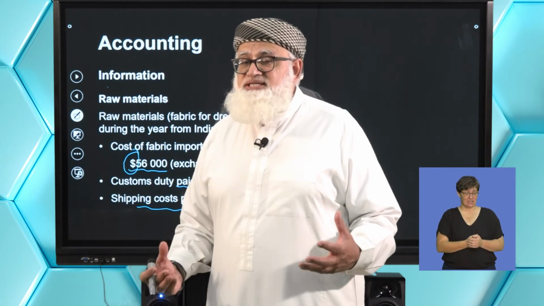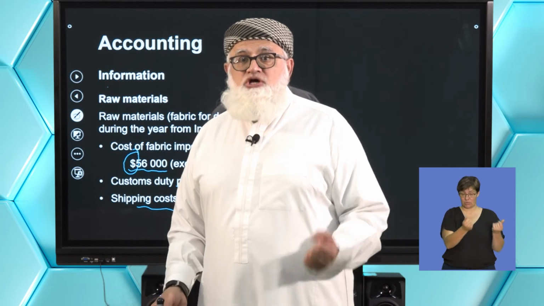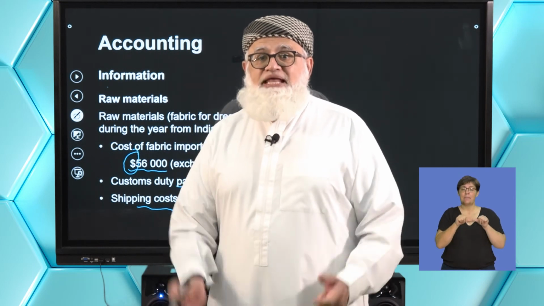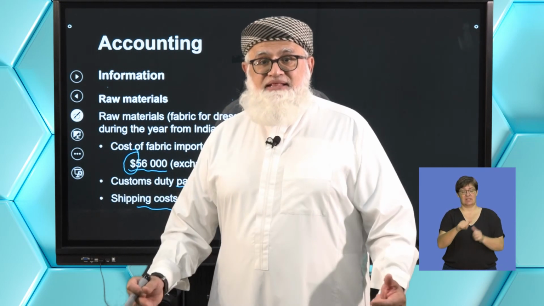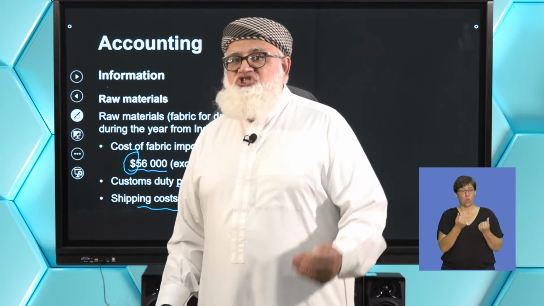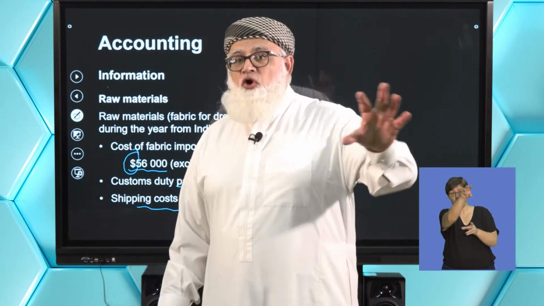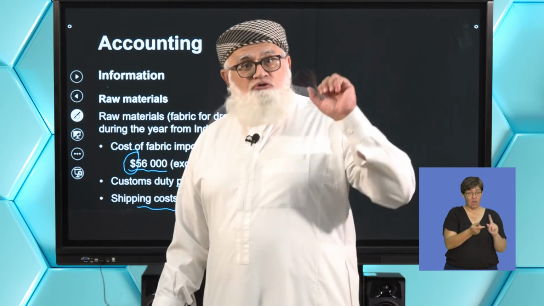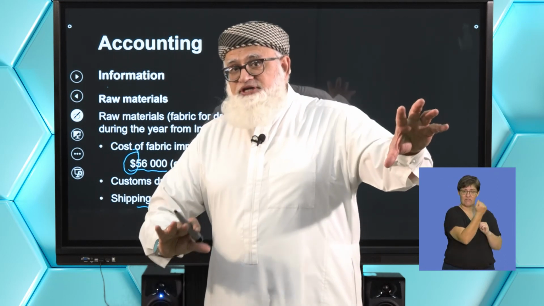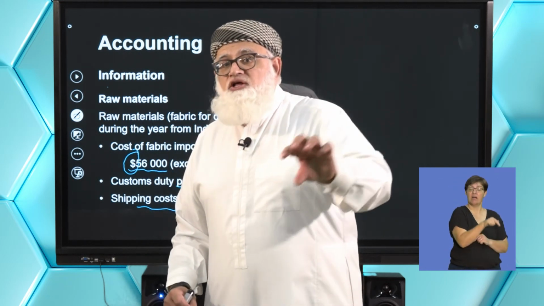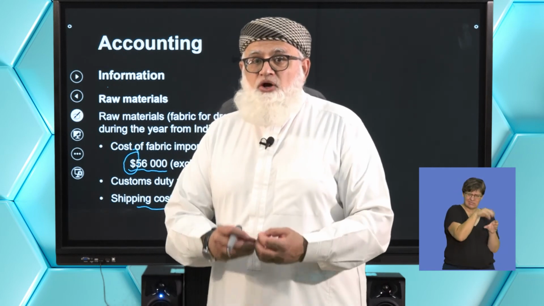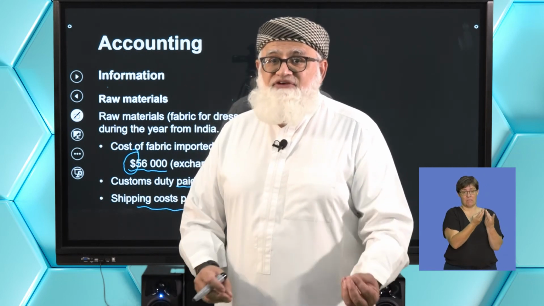Now remember what we said. For raw materials, we are using the perpetual inventory system, meaning therefore that all the costs incurred in bringing the raw material, in this case the fabric, from India to our factory in South Africa, all the costs involved will impact on the cost price of the fabric.